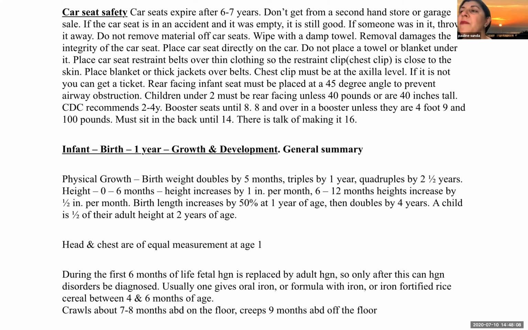But once they are 4'9", typically then they can sit in a car with a regular seat belt. The thing is you want the seat belt on the bones. You don't want it to go across the neck or the abdomen. So you want it low on the hip and going across your collarbone. Children must sit in the back seat until they're 14 years of age. And there is some talk of actually making it 16 years of age.